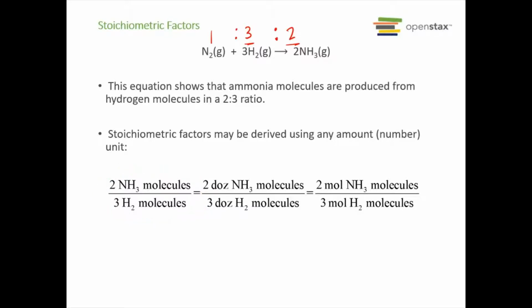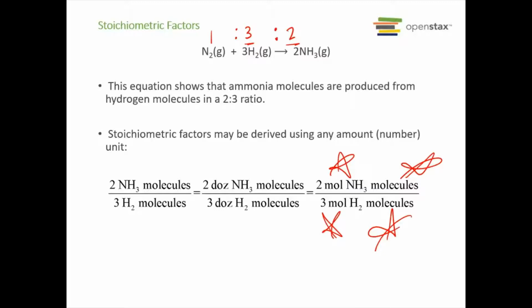We could also, instead of saying this many molecules, say it's dozens. We could say 2 dozen molecules of ammonia for every 3 dozen hydrogen molecules. It's the same ratio. And with that, we can still say 2 moles of ammonia for every 3 moles of hydrogen. And this ratio here, using moles, is definitely the way to go overall, because this is how we actually can do calculations.